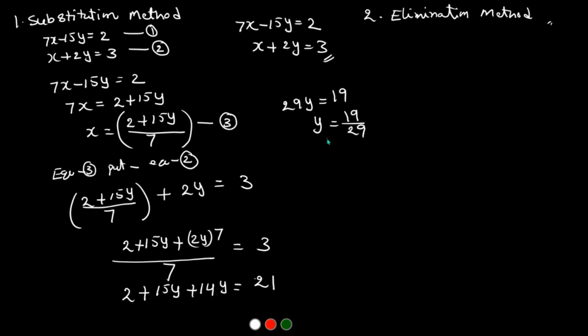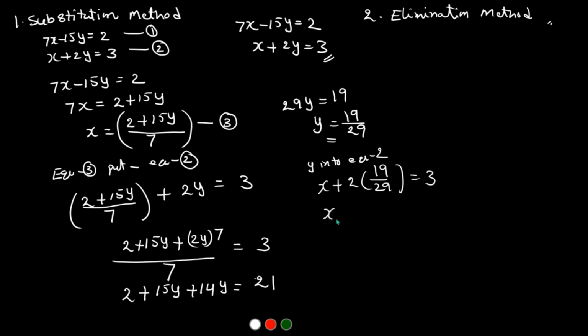So if you put this y value into either of the equations, 1 or 2, you will get x. Place the y value into equation 1 or 2, anything is fine. This looks like an easier expression for finding x, so I am putting the y value in equation 2. Substituting, x plus 2 into 19 by 29 is equal to 3.